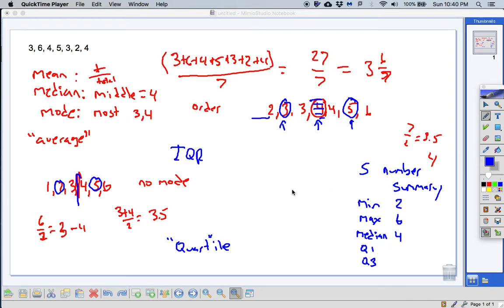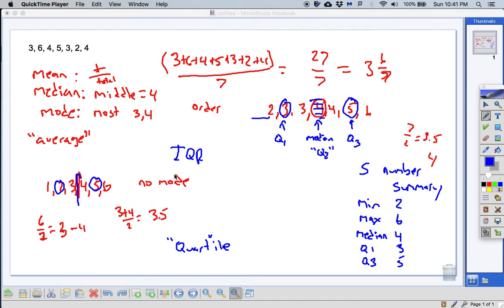So Q1 is right here, Q3 is right here, and this is known as the median, but every once in a while, sometimes it's called Q2. Okay, so Q1 and Q3 is what we're after, so we need 3 and 5, and this is what's called a 5-number summary. So keep this in mind because we're going to use it later.